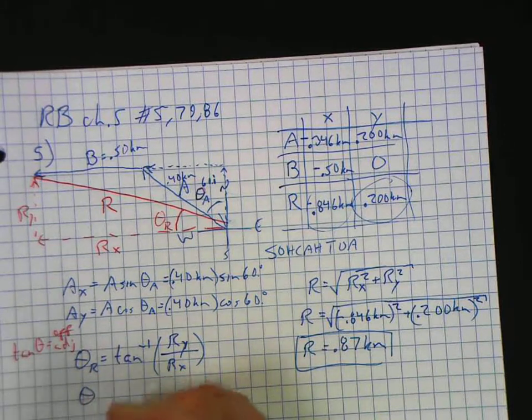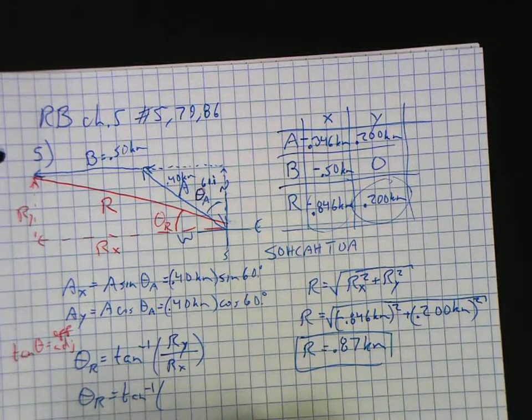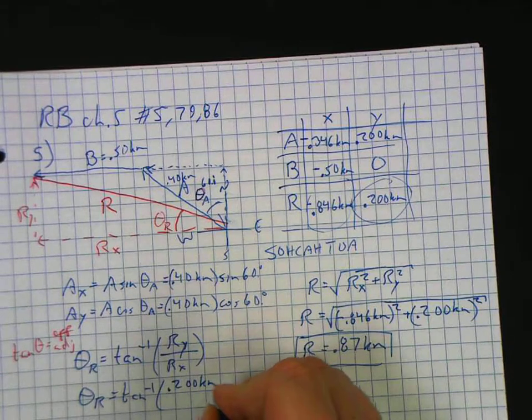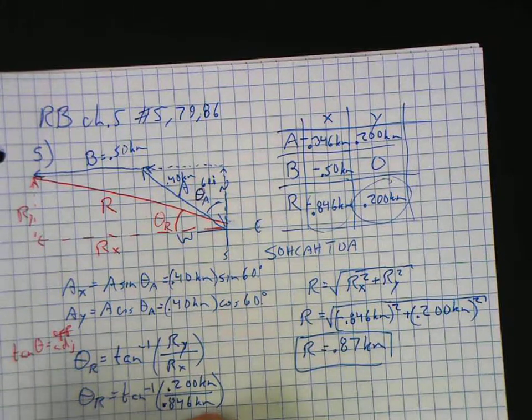All right, final answer here. Inverse tangent, r sub y is 0.200 kilometers. R sub x is, and we're just going to use magnitudes, 0.846 kilometers. Kilometers are going to cancel out, so we have a pure number going in, which is what we need.